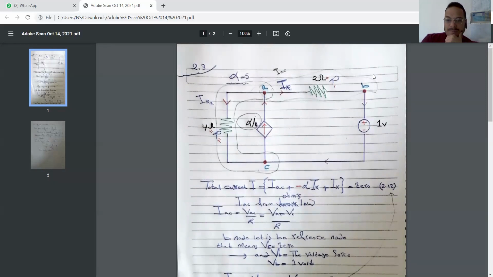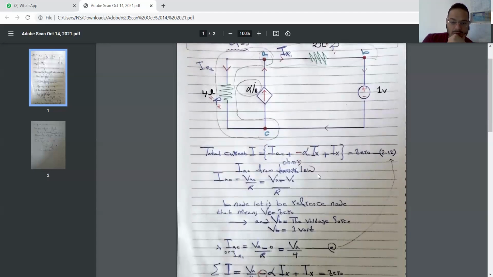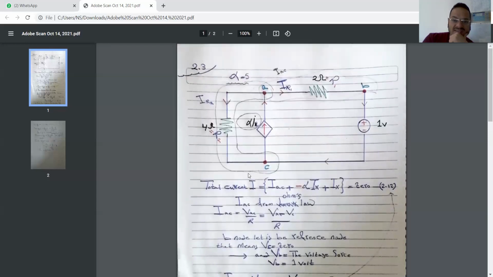That means here VB will equal V source. That means VB will equal 1. IAC here will equal VAC, and VC equals 0 because B will be the reference node. That means IAC equals VA divided by R2, that means divided by 4 ohm.